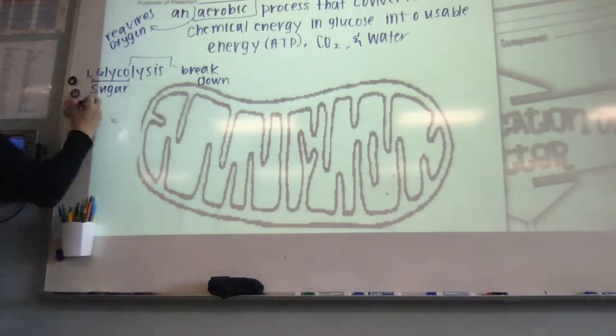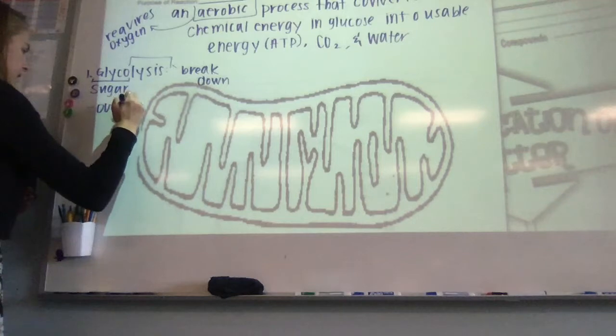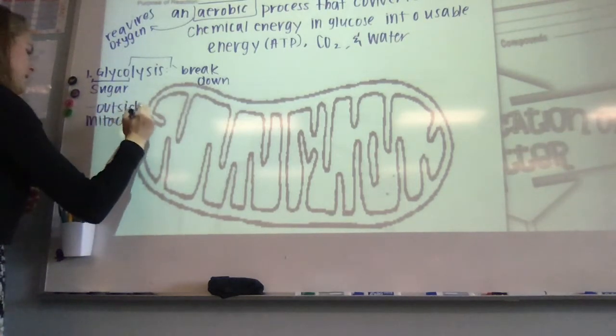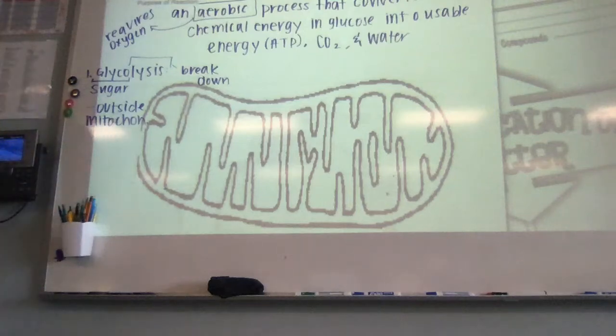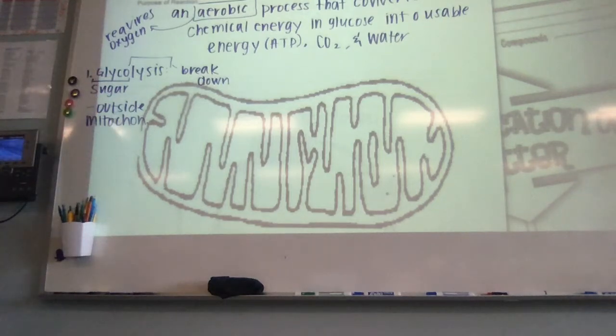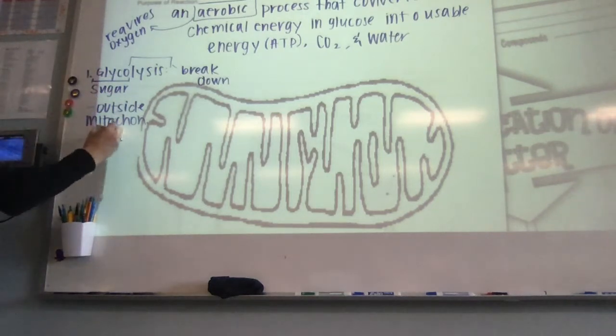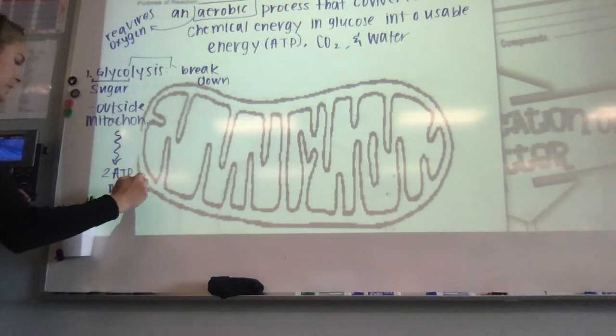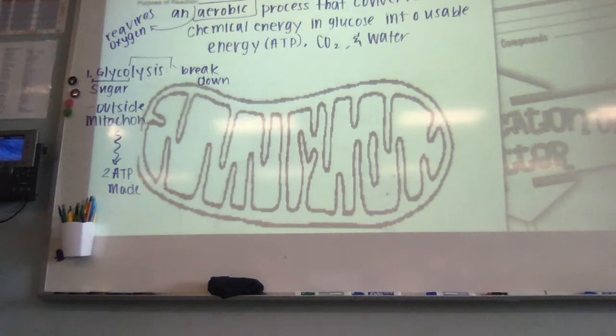And this is happening outside of the mitochondria. And like I said, we're breaking down sugars. And what happens in glycolysis is 2 ATP are made. So glycolysis makes 2 ATP.